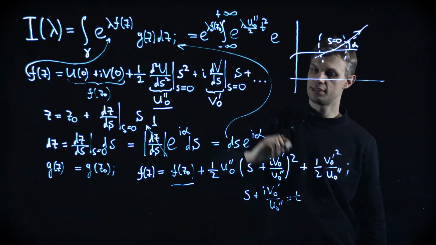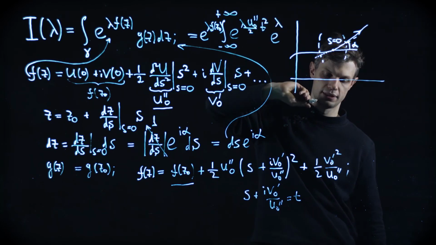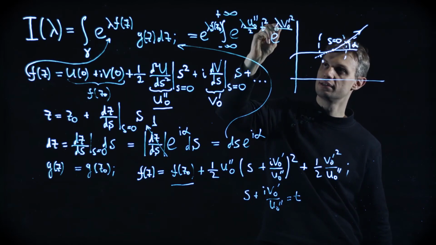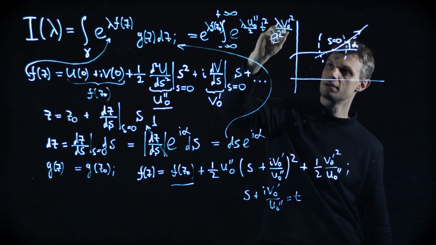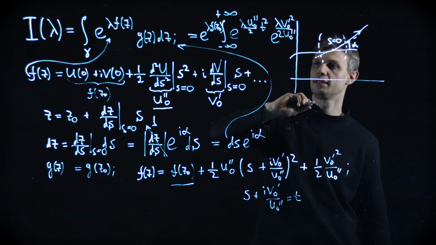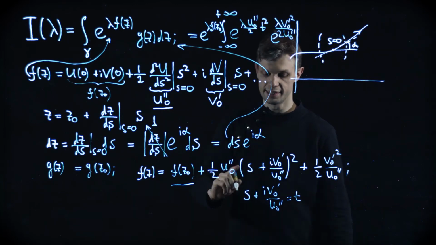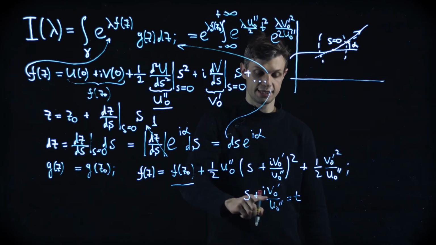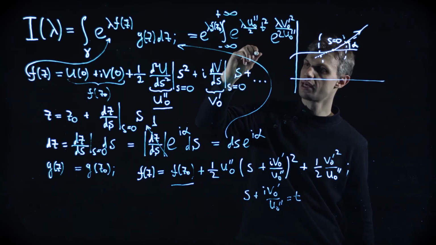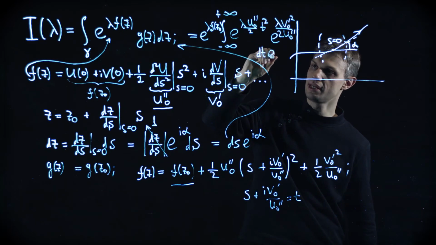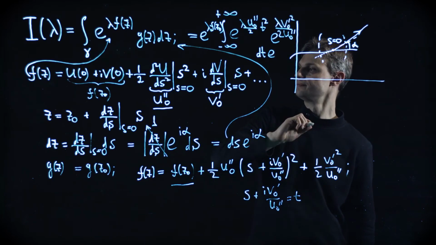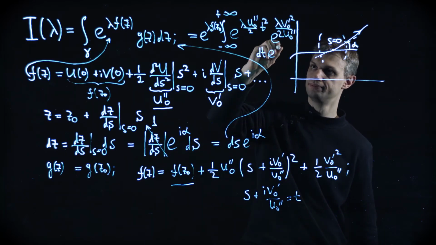So it's e to lambda v prime naught squared divided by 2 u prime prime naught. Okay, and then we integrate along this. So dt is equal to ds, so it's a simple shift. So now it's dt times e to i alpha, this slope.